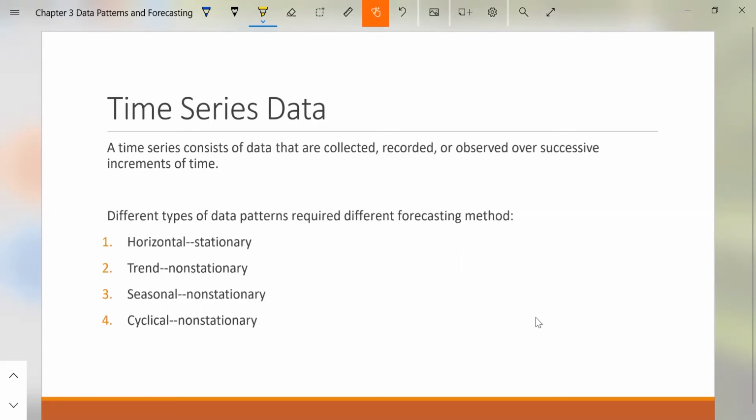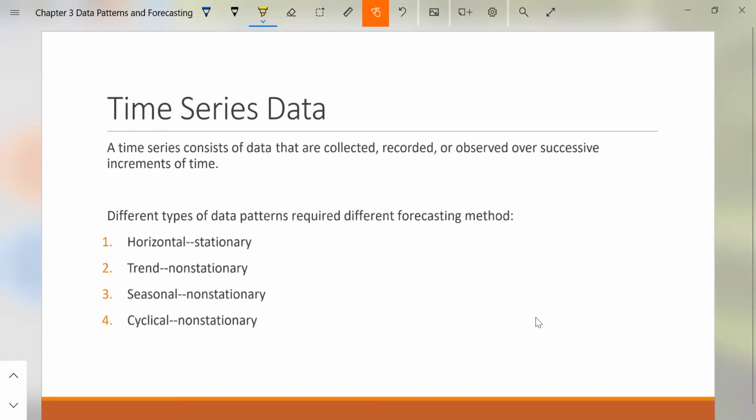If we collect the stock price for, let's say, IBM over time, that's another time series, right? In economic forecasting, we mainly use time series data to forecast for future periods.